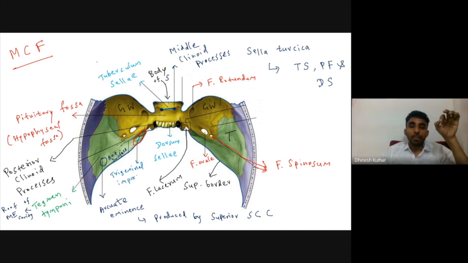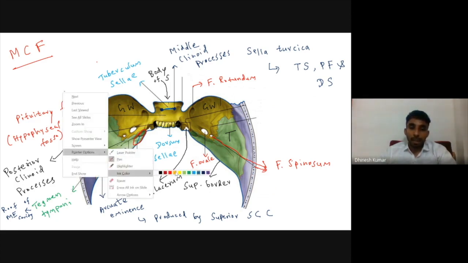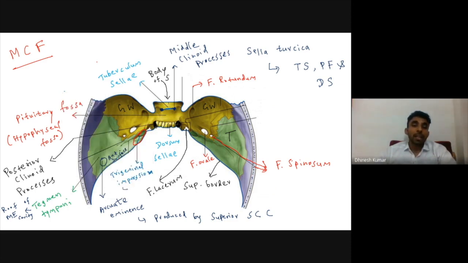So what is the trigeminal impression? It is a depression located at the apex of the petrous temporal bone. And what is its significance? The trigeminal impression contains the trigeminal ganglion.